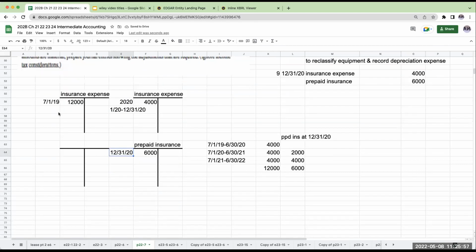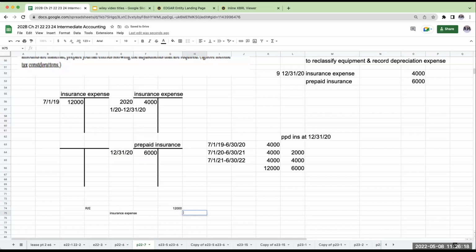Now, what happened to this at the end of last year? Well, as we know, revenues, expenses, and dividends are all closed out to retained earnings. So over here, I would have debited retained earnings and credited insurance expense for 12,000. Well, guess what?